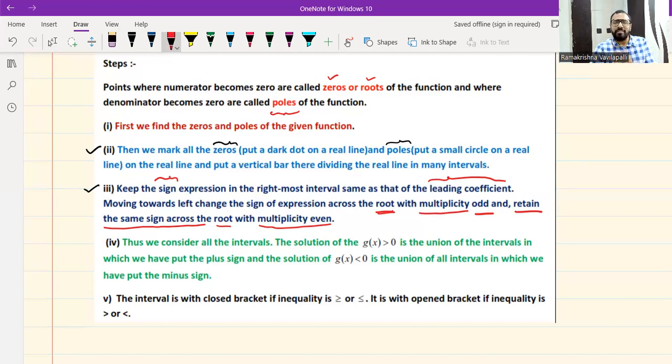So if the power is even, the sign will not be changed. If the power is odd, then you have to change the sign. After that, you have to write the interval.